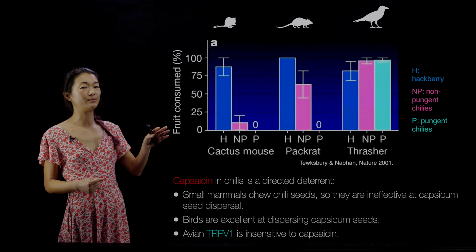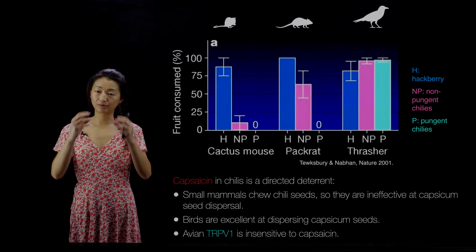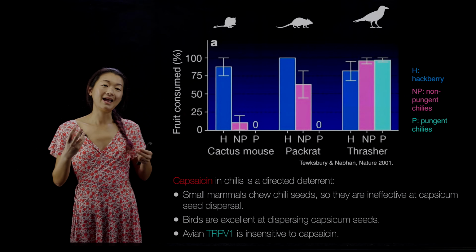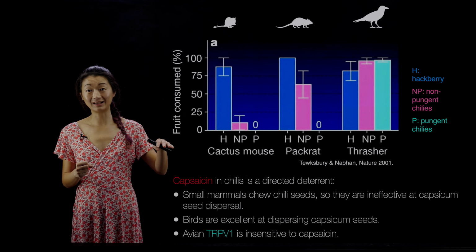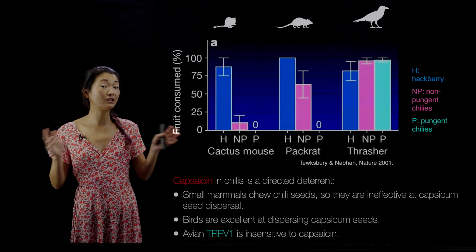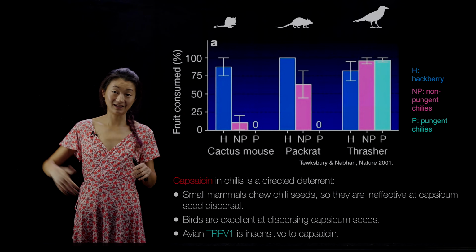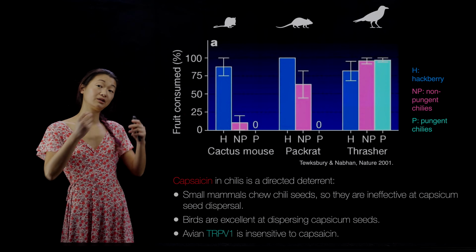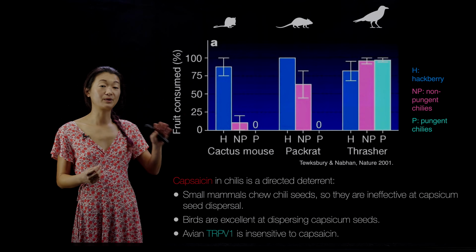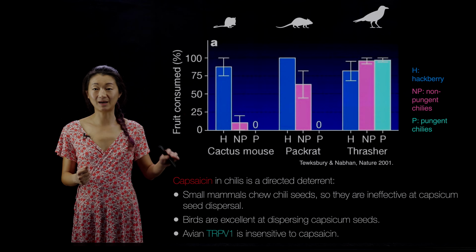It's because small mammals, when they're eating a fruit, will chew it up. We chew it, right? And then for the capsaicin plants, when a small mammal chews up their fruit and then chews up the seeds, the seed is no longer able to germinate when it is dispersed at a far location. Whereas birds will swallow the whole thing whole, and so birds are actually excellent at dispersing capsaicin seeds.